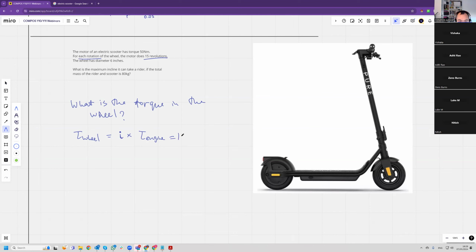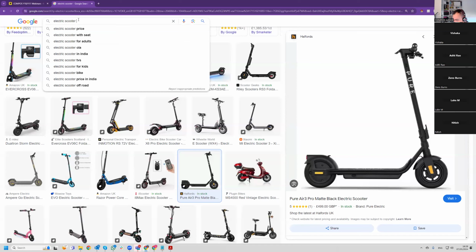That means it is 15 multiplied by 15, 15 times 50, which is 750 Newton meters. I think I went overboard with the torque of an electric scooter.